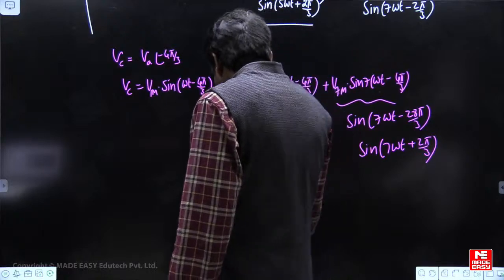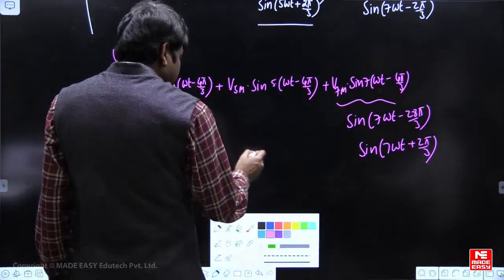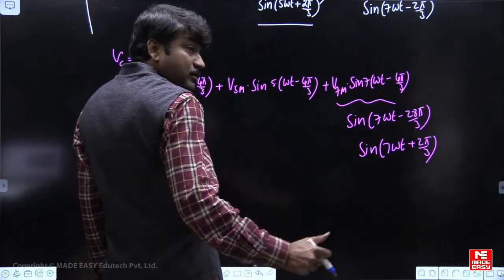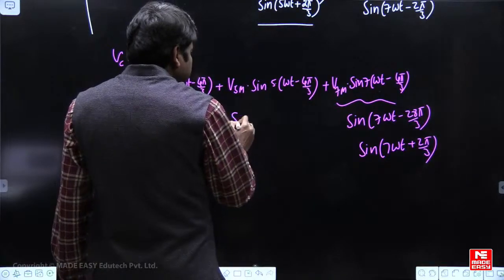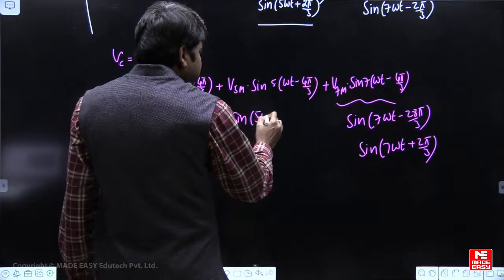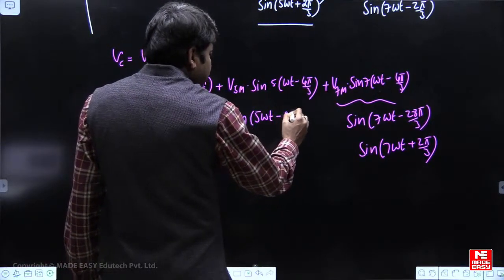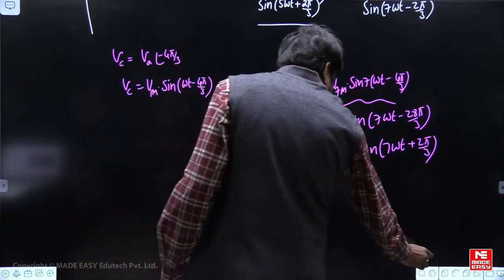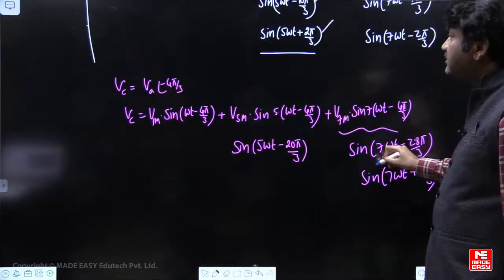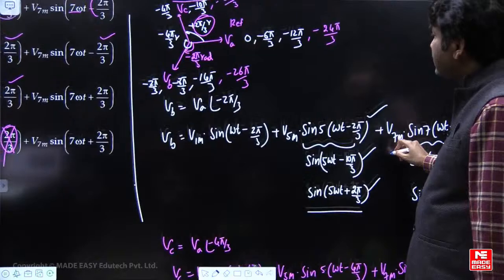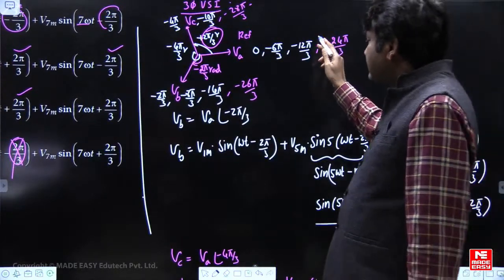Yeah, now what about this one? Sine of 5 omega t minus 20 pi by 3. What is 20 pi by 3 here? Just look here, where is 20? This is 18, 18, 20.